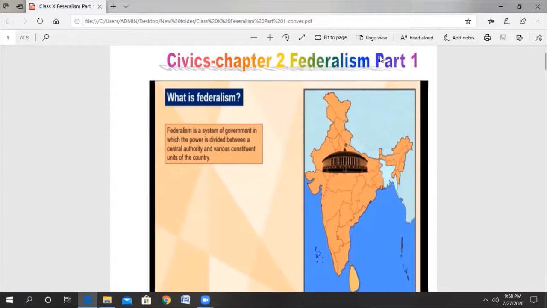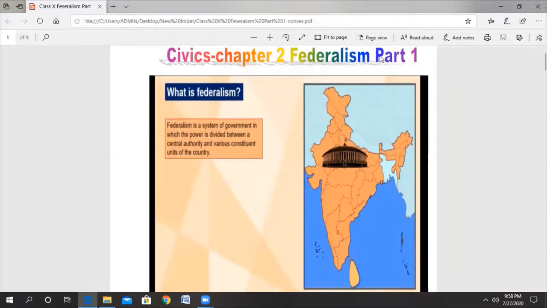First, we will analyze the meaning of the term federalism. This chapter, federalism, is closely associated with power sharing. In federalism, there will be a division of power between the center and the state. Federalism is a system of government in which the power is divided between a central authority and various constituent units of the country.